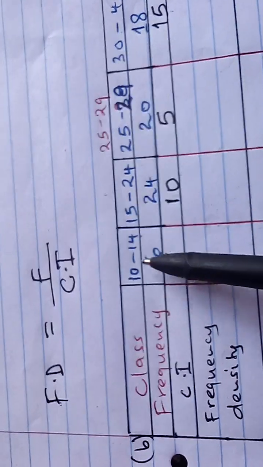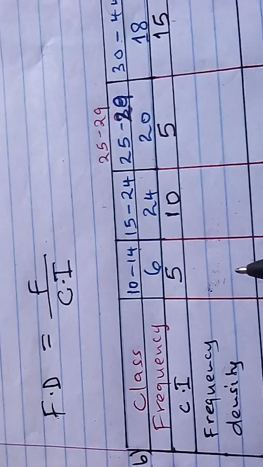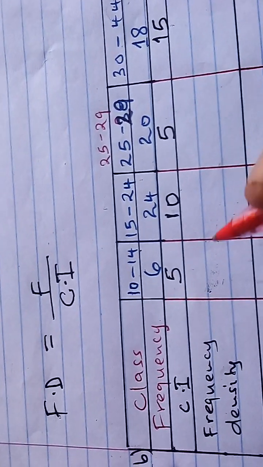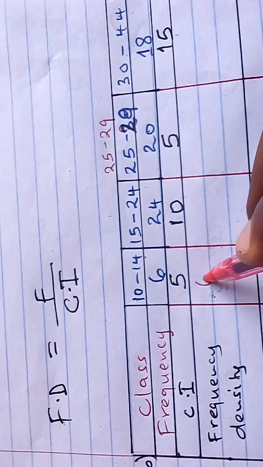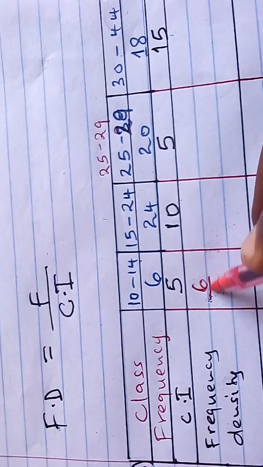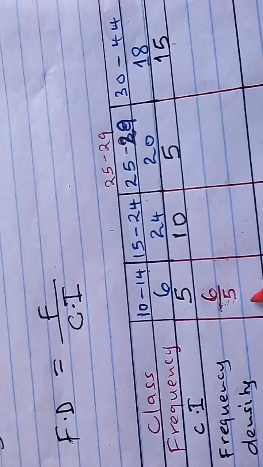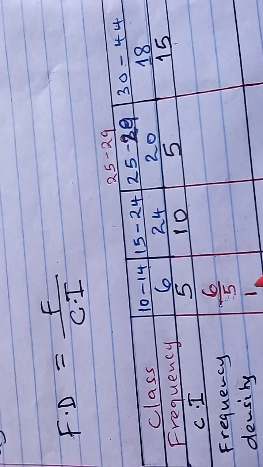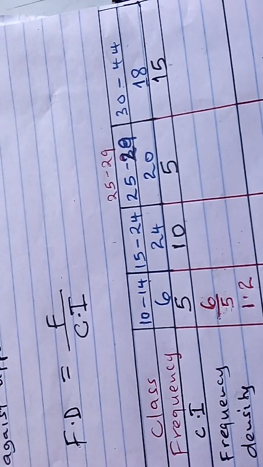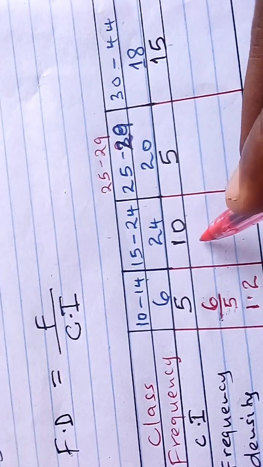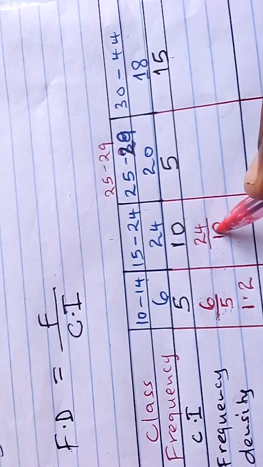In the first box here, we have the frequency, which is 6, over the class interval, which is 5. This is giving us 1.2. Then next we have frequency 24 divided by the class interval, which is 10.